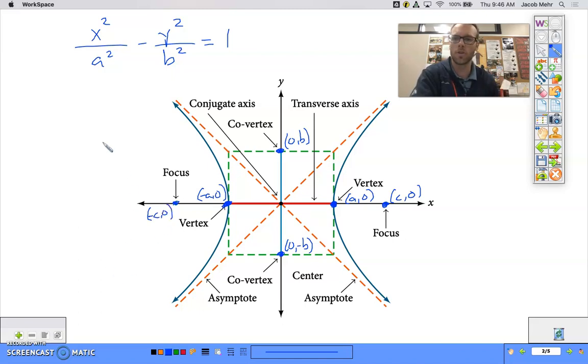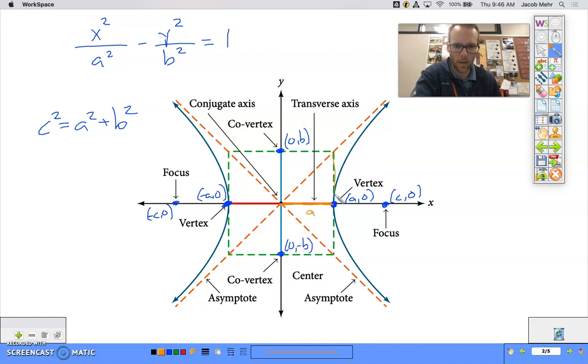Well, what's that relationship between a, b, and c? Well, we knew for the ellipse, c squared equals a squared minus b squared. For a hyperbola, c squared equals a squared plus b squared. It actually is the Pythagorean theorem. One way to see that is to say, okay, this distance right here, if that's (a, 0), is a.